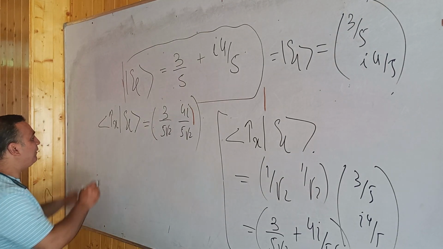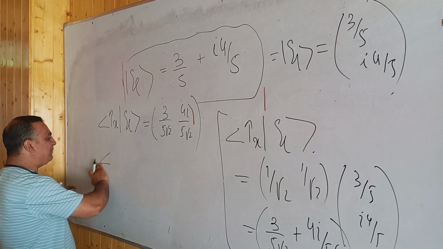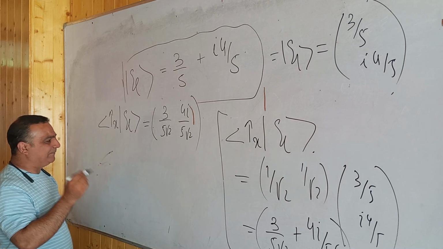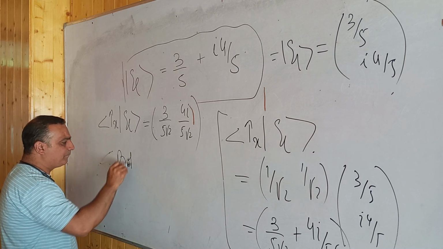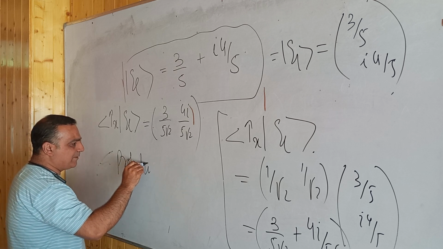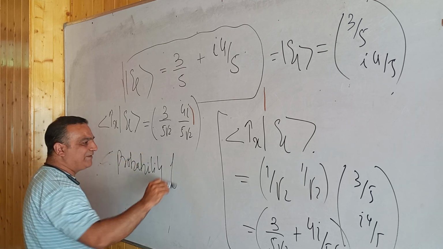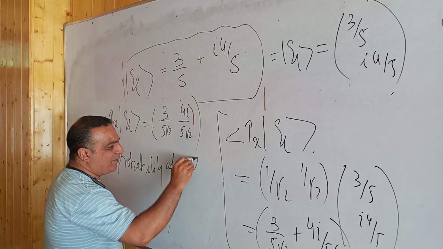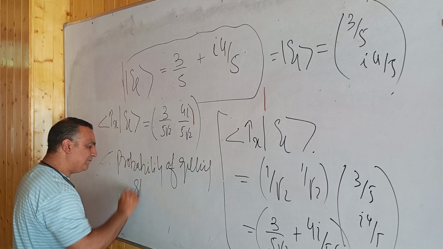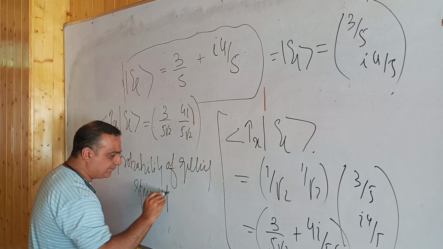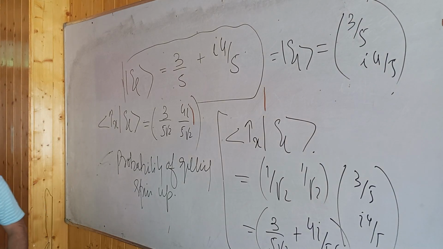So what will that be? Let me define the probability of getting spin up, P spin up.